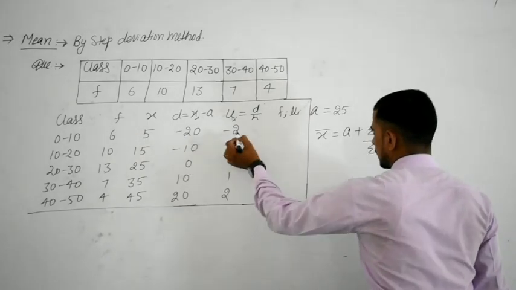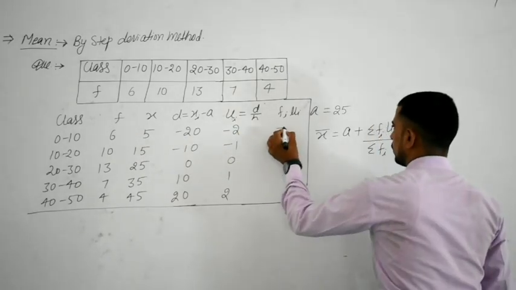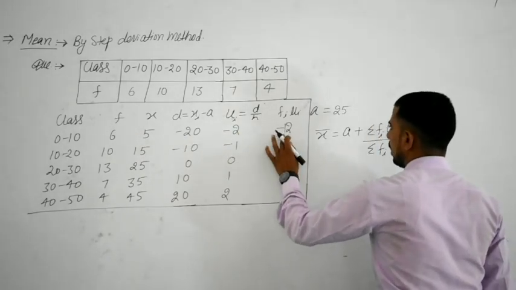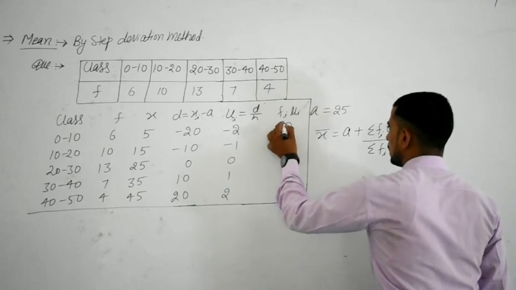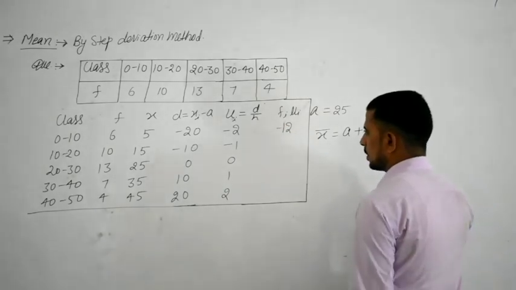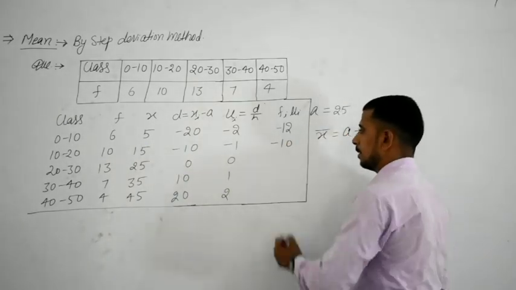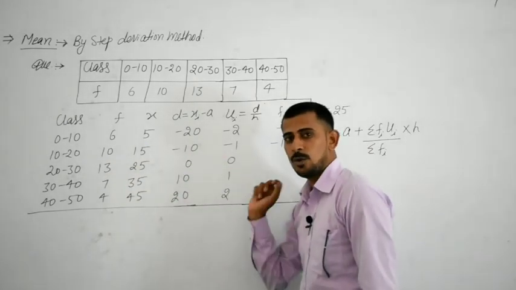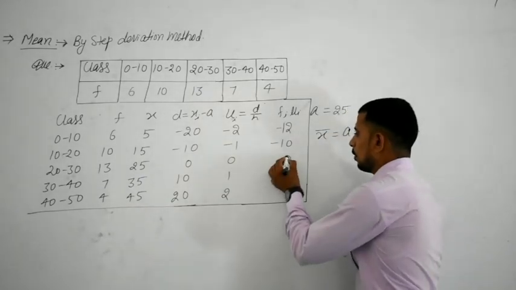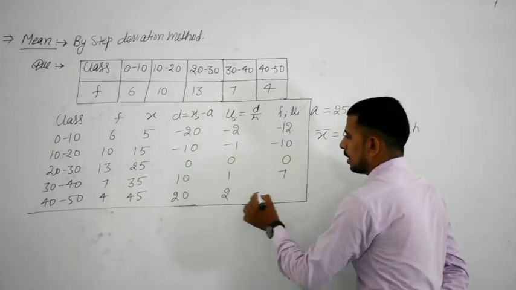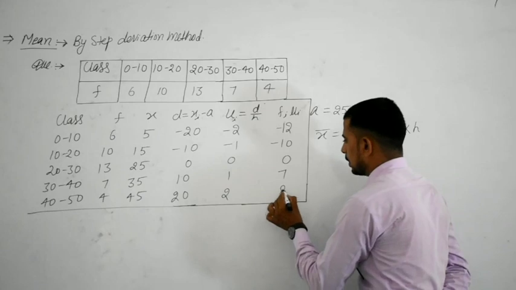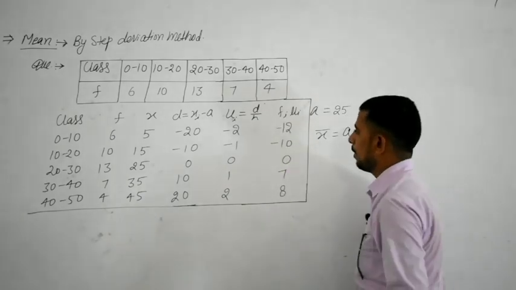F is 6, u is -2, 6 into -2 is -12. Next, 10 into -1 is -10, 13 into 0 is 0, 7 into 1 is 7, 4 into 2 is 8. Fi ui is completed.